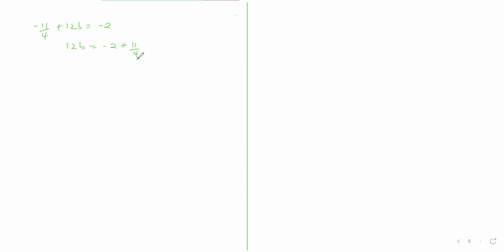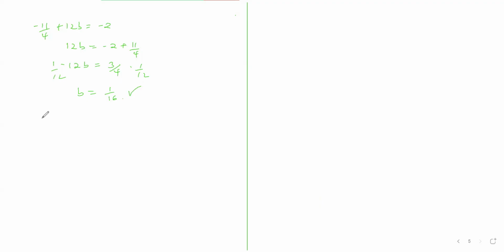That gives us 3 over 4. Okay, so 12b equals 3 over 4. And we want to get b. So multiply by 1 over 12 on this side. So your b value will be 3 over 4 times 1 over 12, so it is 1 over 16.